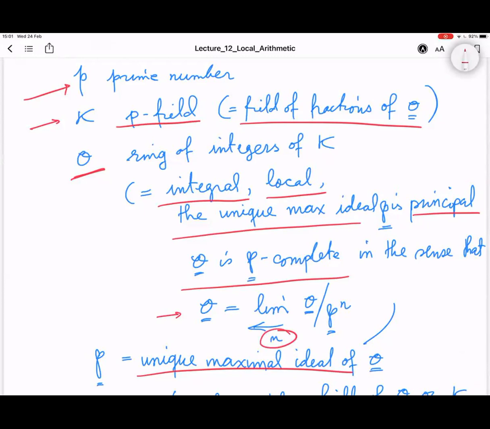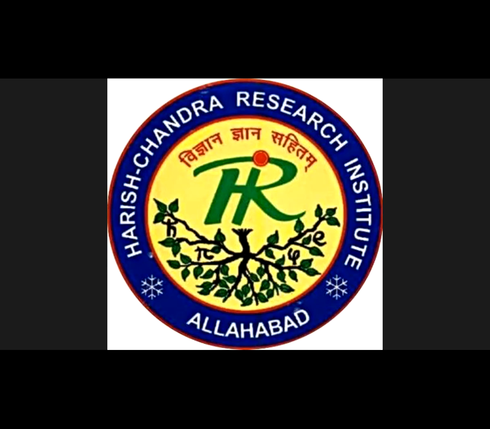And that prime number P is to be distinguished from this P, which stands for the unique maximal ideal of our ring O. Then we have little k, of course, to be distinguished from capital K. This little k is just O modulo P, and it's called the residue field of the ring O or of the field K.